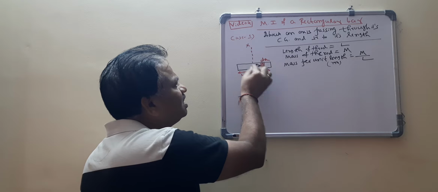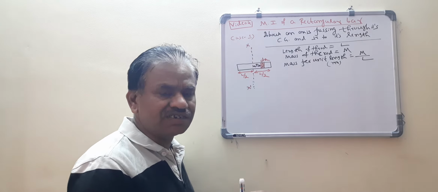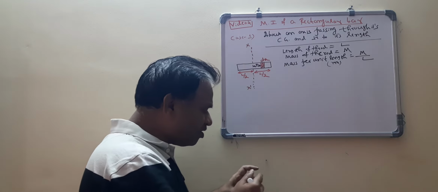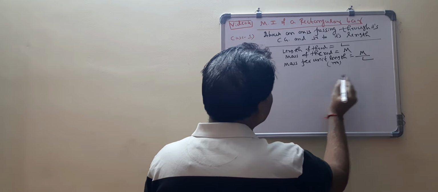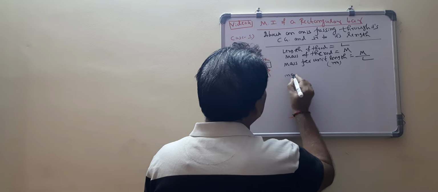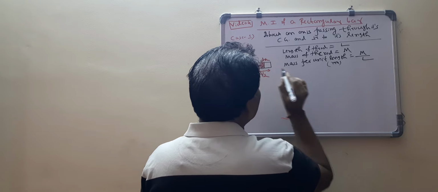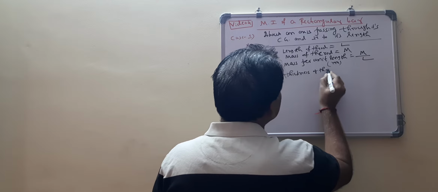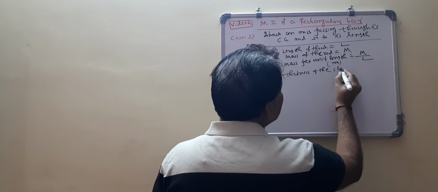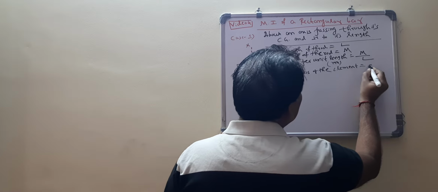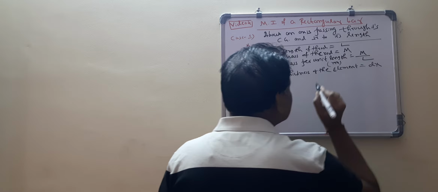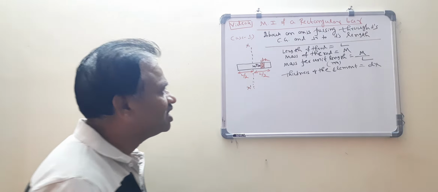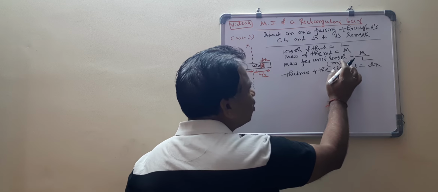This small part is at a distance of x. Then, the moment of inertia of a small element: the thickness of the imaginary element is dx.